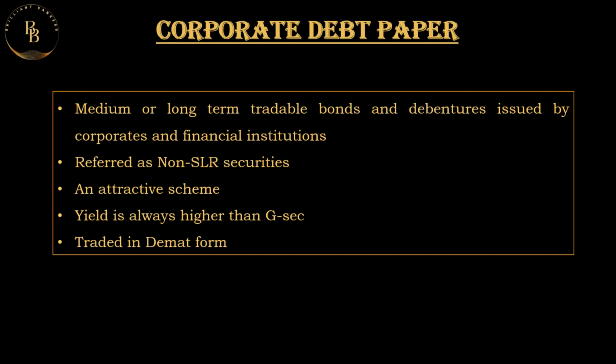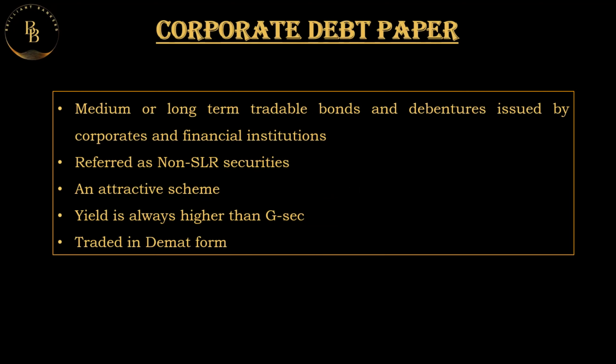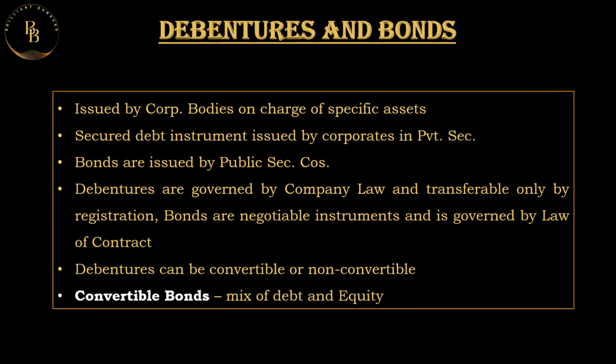So, what are debentures and bonds? These are also issued by corporate bodies, as discussed earlier in the corporate debt paper. Debentures and bonds are issued by corporate bodies on charge of specific assets. Long-term debt instruments issued by the corporations, typically secured and backed by the company's general credit.